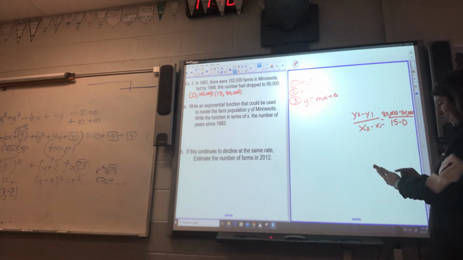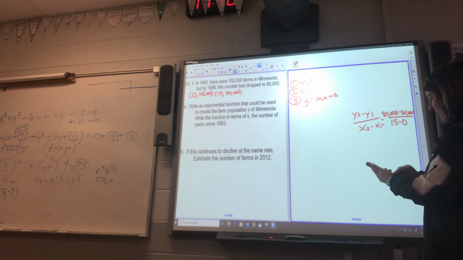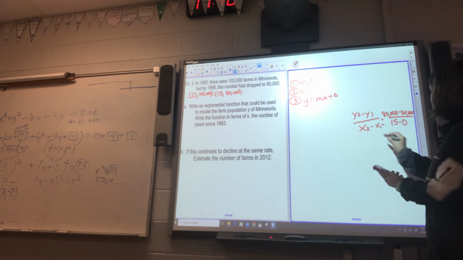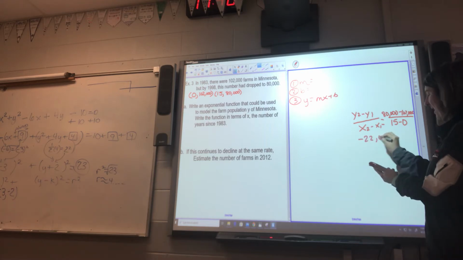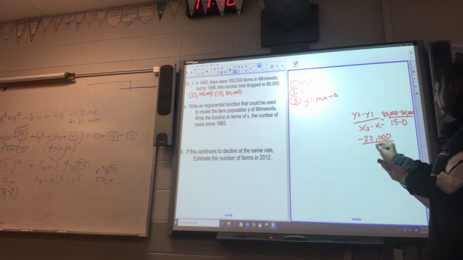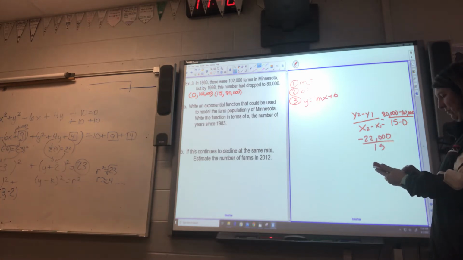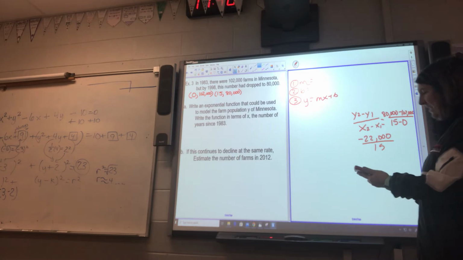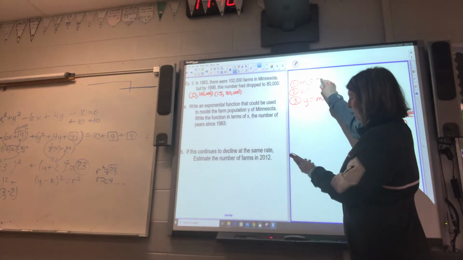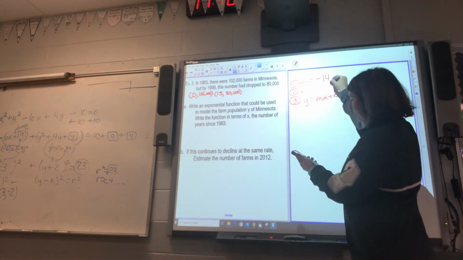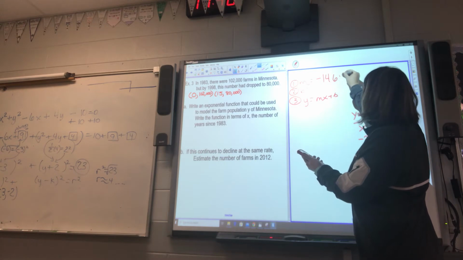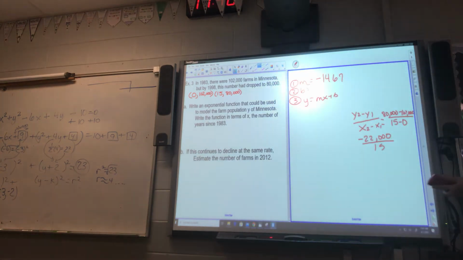So if I take 80,000 minus 102,000, I get negative 22,000, over 15 minus 0. And it looks like the slope is about negative 1,400. We'll round it off to the nearest whole number here.